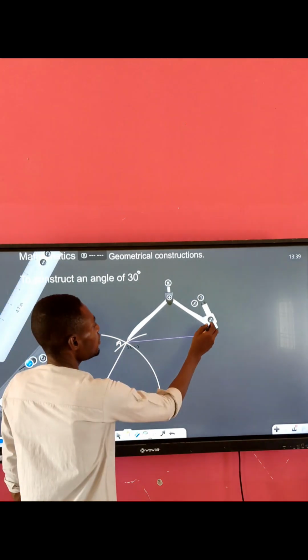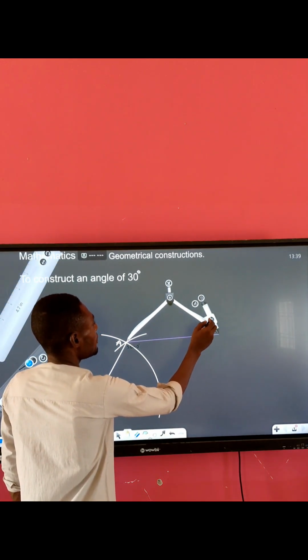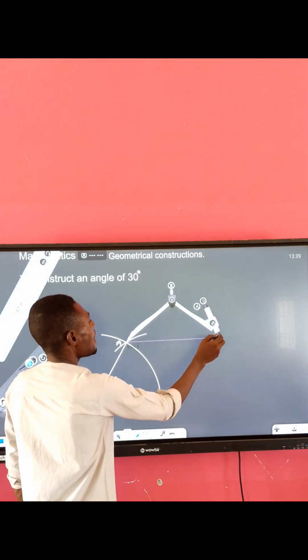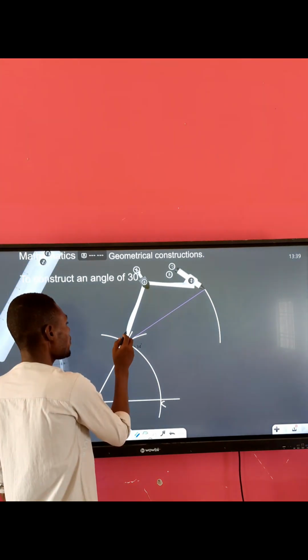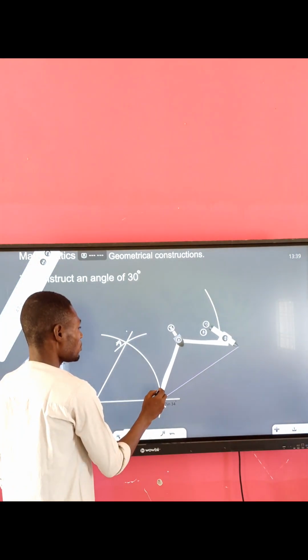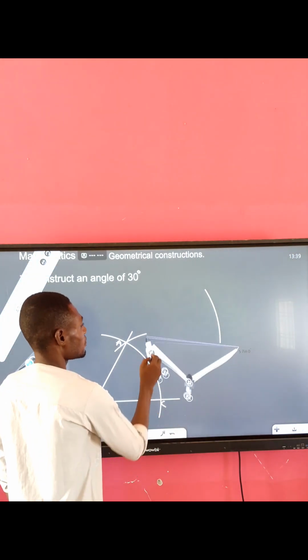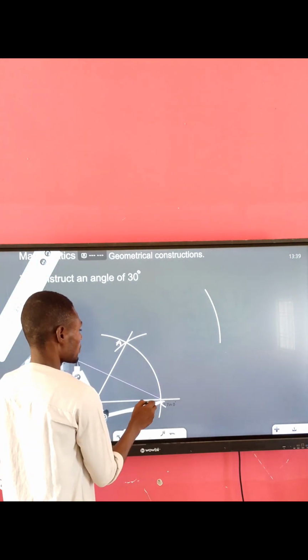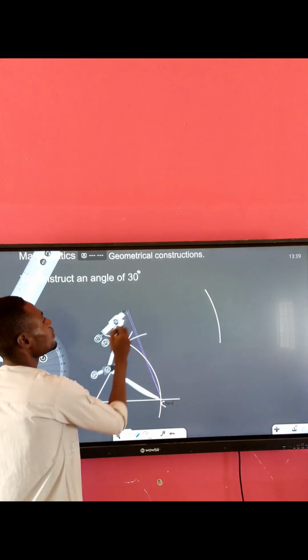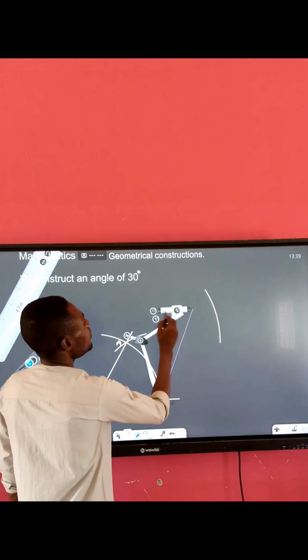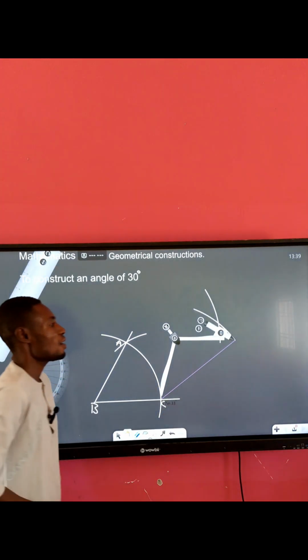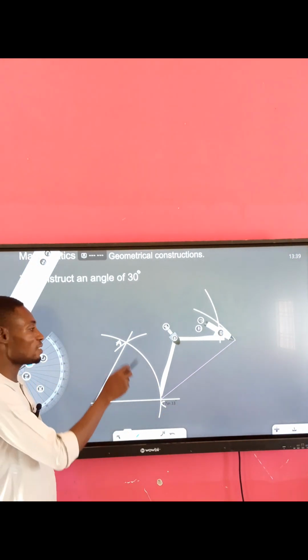At this point, we can have our arc here, the same radius. With the same radius, we can still have our second arc to bisect that.